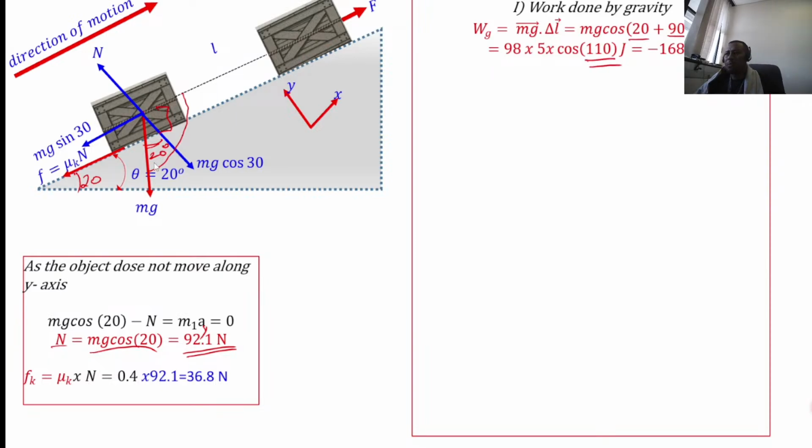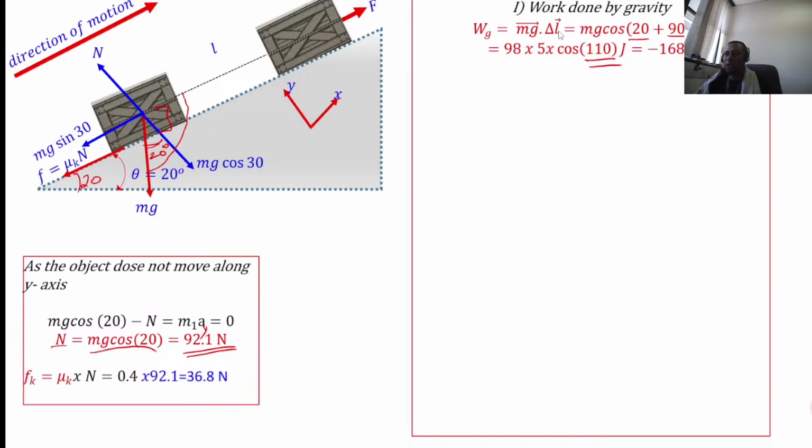This is a tricky part, to find the angle between the direction of action of the mg, which is gravitational, and the displacement. But if you are good in geometry, you could easily see that that angle is 20, this angle is 90 degrees because it's perpendicular. Then the overall angle from that point to this point is basically 20 plus 90, which is 110.